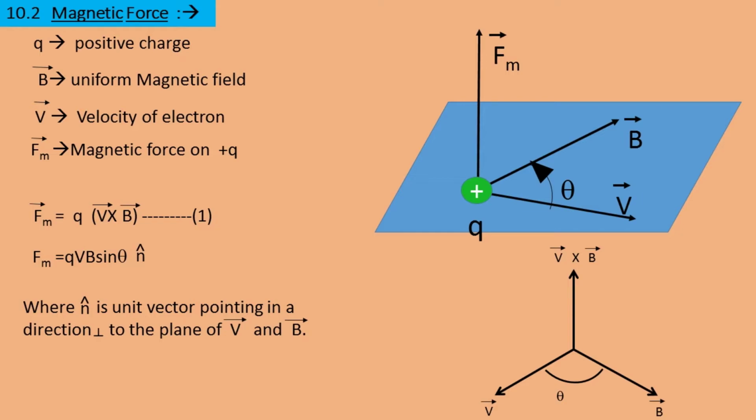If we write this magnetic force in magnitude, we write Fm is equal to QVB sin theta. Means force depends on the magnitude of the charge, also the velocity of the particle, the intensity of the magnetic field, and also the sine of the angle between V vector and B vector. Magnetic force depends on Q, V, B and theta.